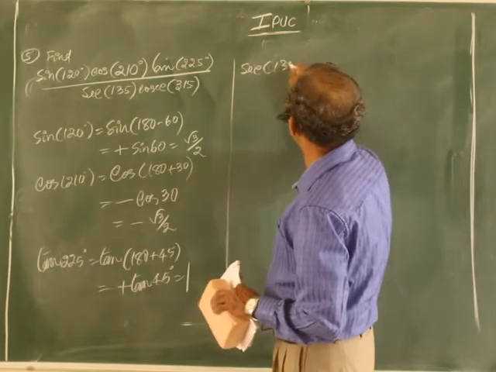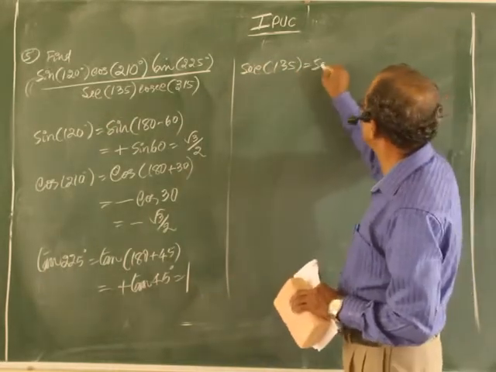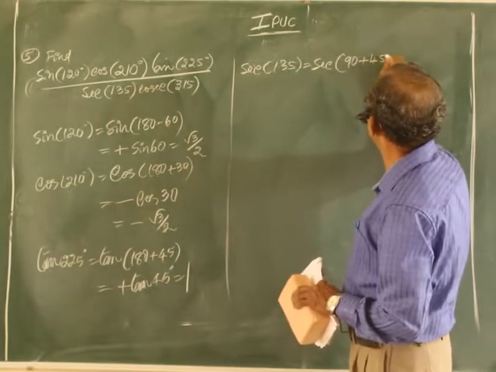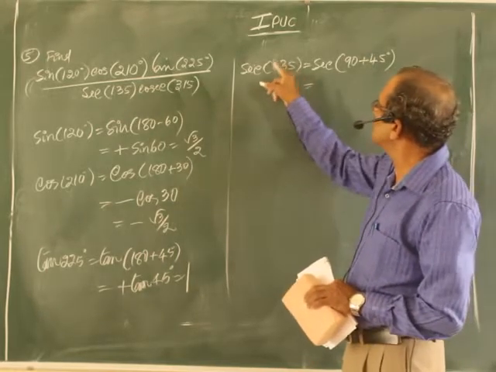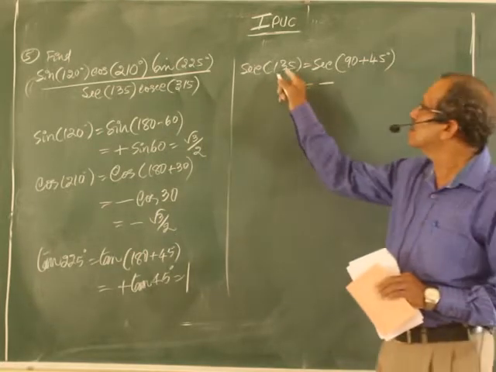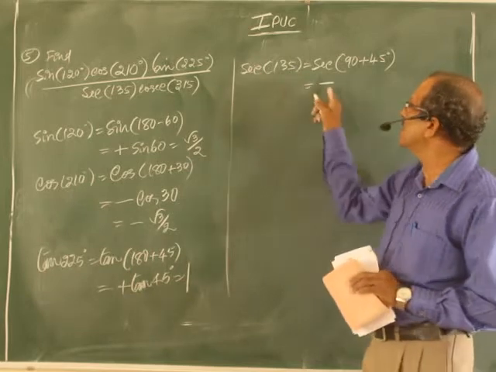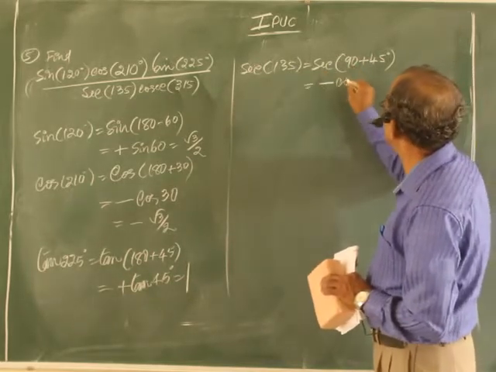Secant 135. Again let me write slowly. Standard form is 90 plus 45. Secant in the second quadrant minus. 135 second quadrant, more than 90 less than 180. Secant is minus. Since you have written 90 here, secant changes to cosecant.